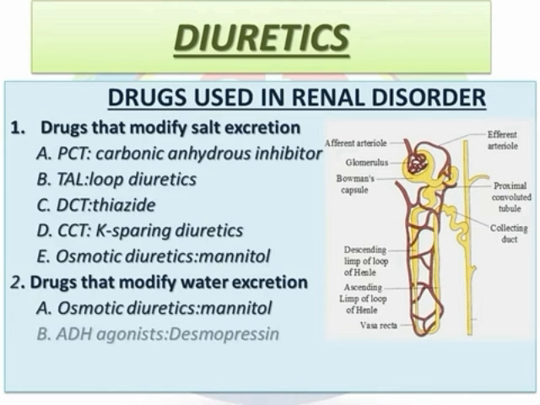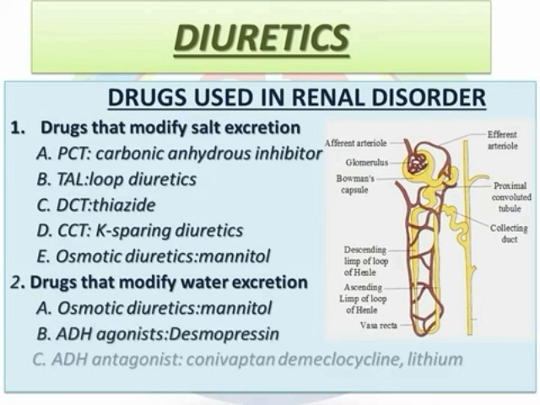An example of the drugs is chlorothiazide. They are also used in hypercalciuria, that means an increase in the concentration of calcium in the urine. This is known as hypercalciuria.